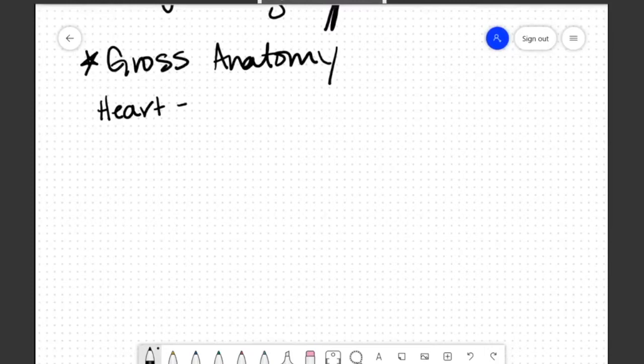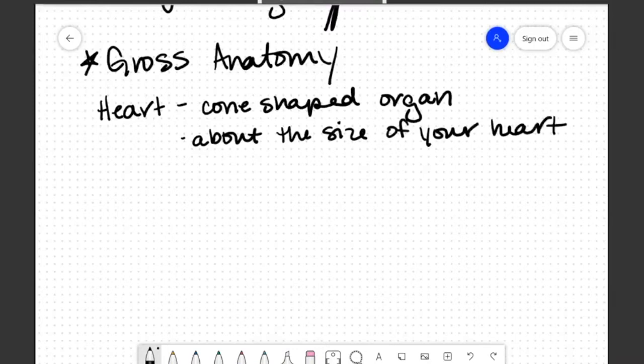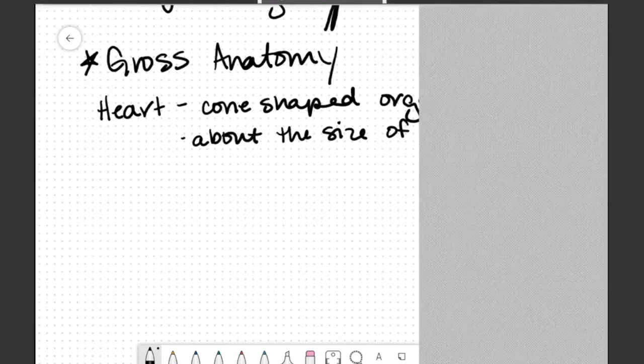It is a cone-shaped organ. It's about the size of your fist. So that old wives' tale: if you were to make a fist, the heart is about the size of your fist.